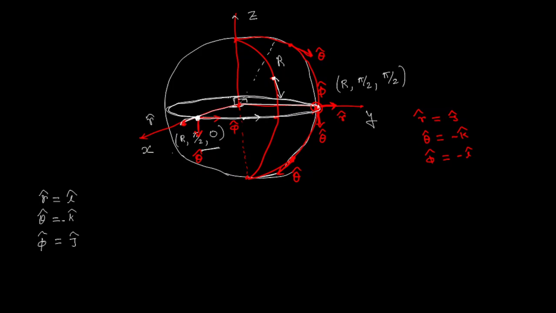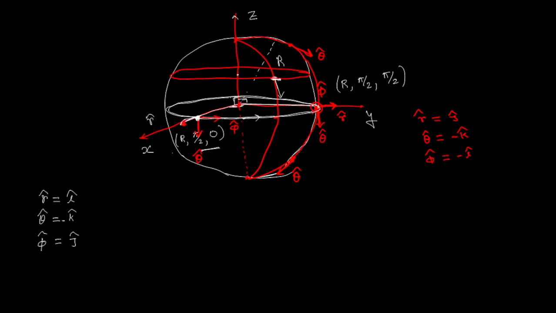If I want to draw the direction of phi cap at this point, then about the z-axis, we have to draw a circle which passes through this point. So we can draw like this, and then we have to draw a tangent on this circle in the anti-clockwise direction.